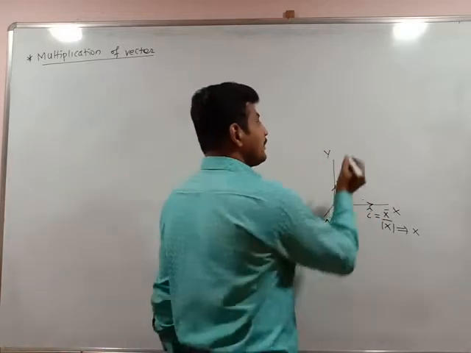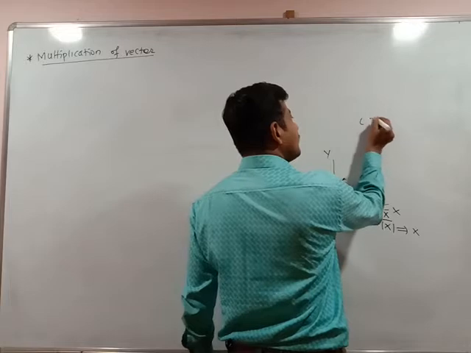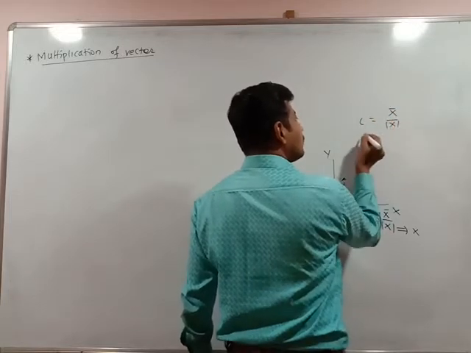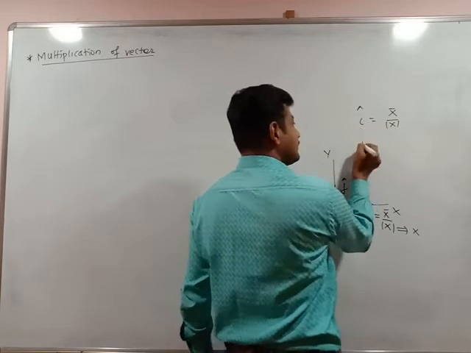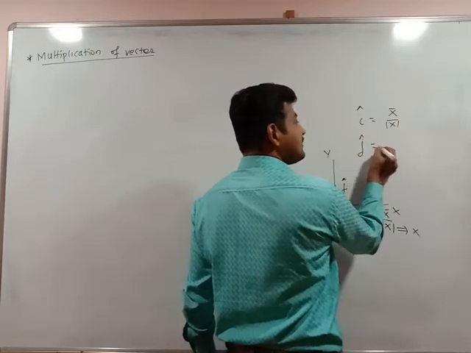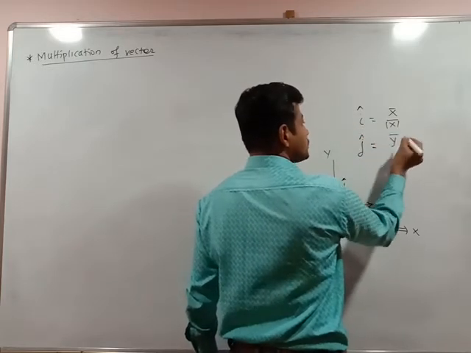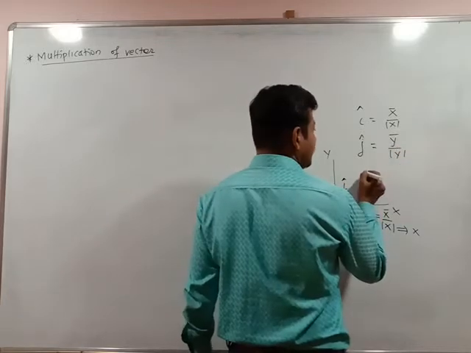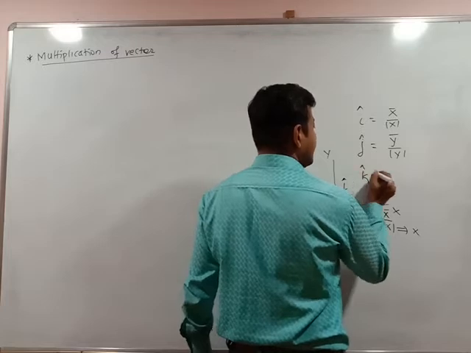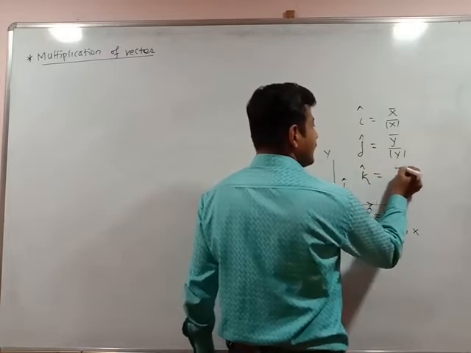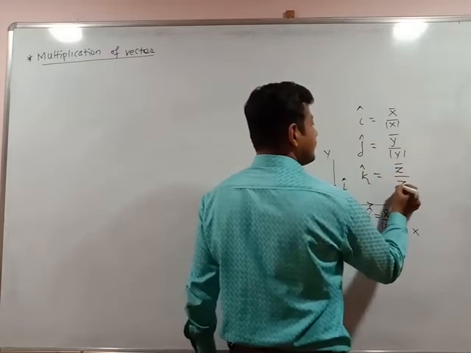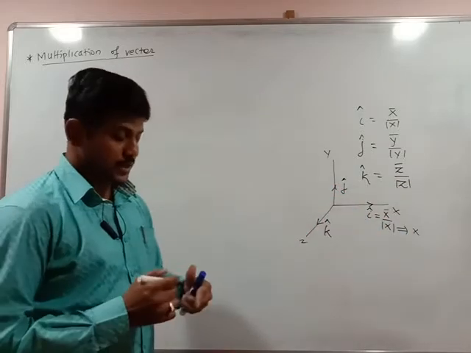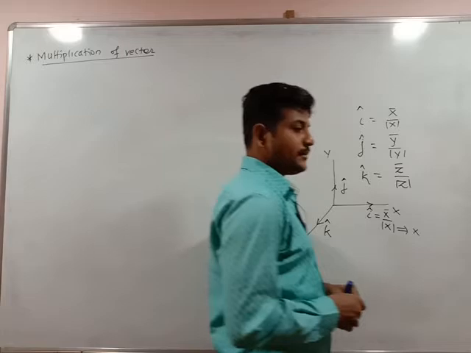The definition of a unit vector is the vector divided by its magnitude, for x, y and z alike. So these are the definitions for the unit vectors along the x, y and z axes.